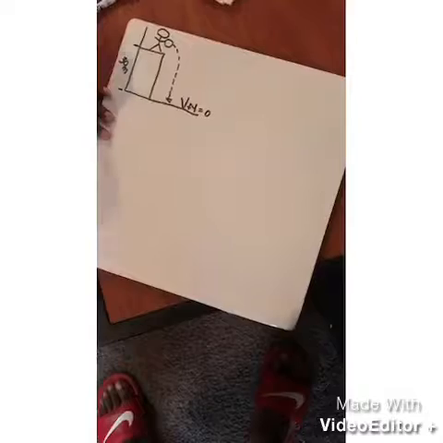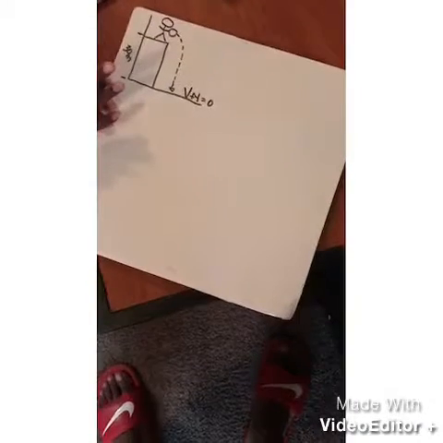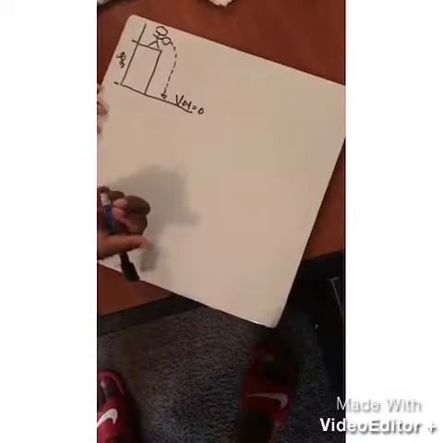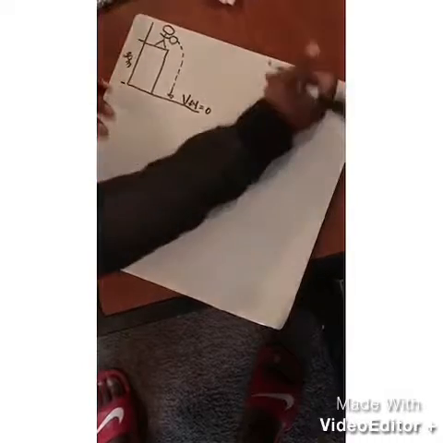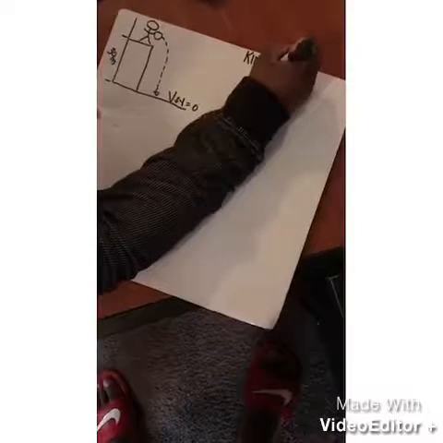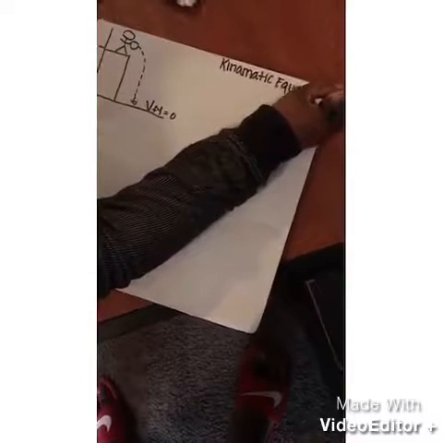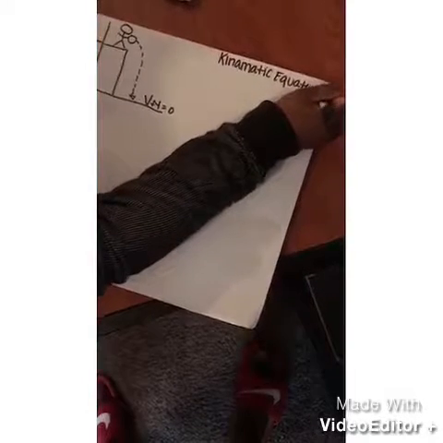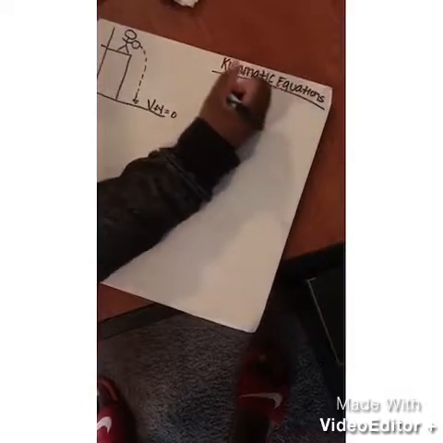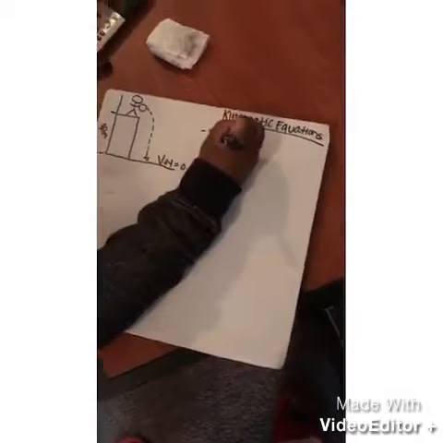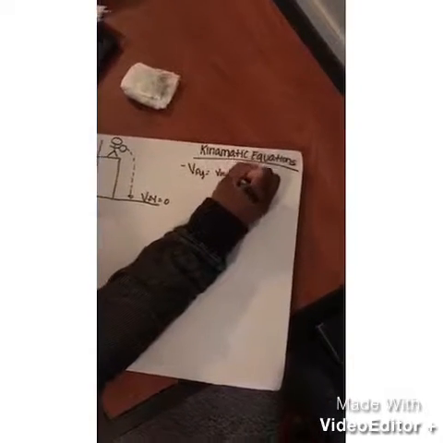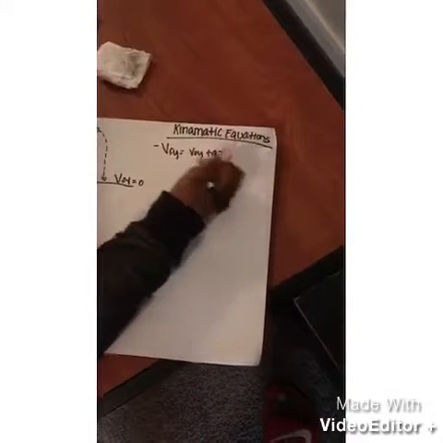So we're trying to find the final velocity of the object, and we're going to need to use our three kinematic equations. One of the equations is V final equals V initial plus gravity times time.